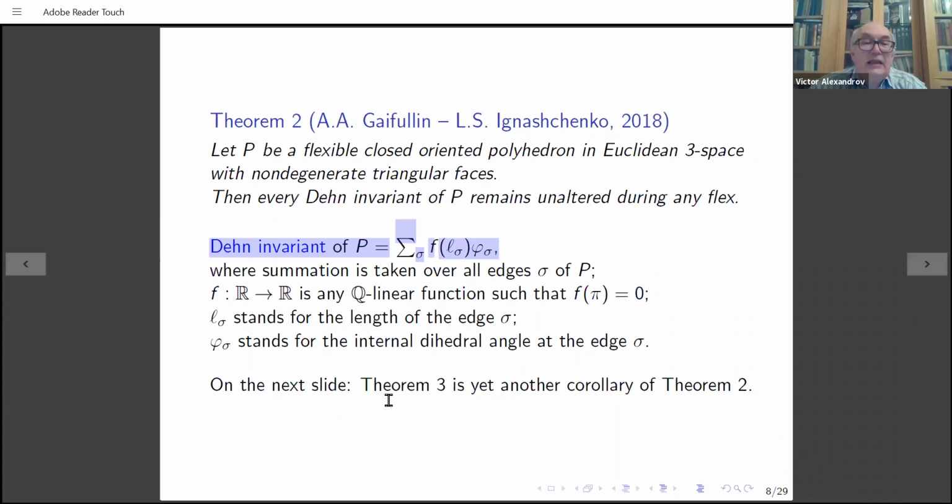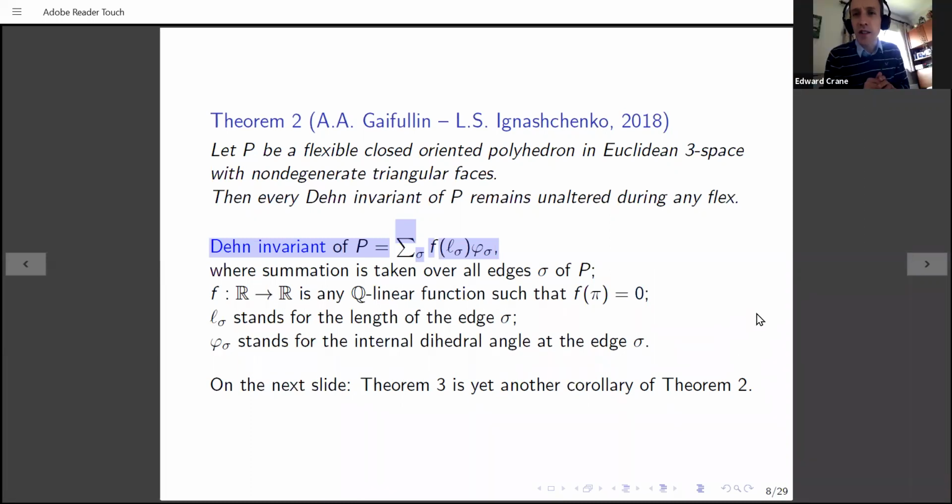On the next slide, I am going to formulate Theorem III. That is yet another corollary of Theorem I. Excuse me, I have a question. Should the function f be evaluated at the dihedral angle and then multiplied by the length, in fact?